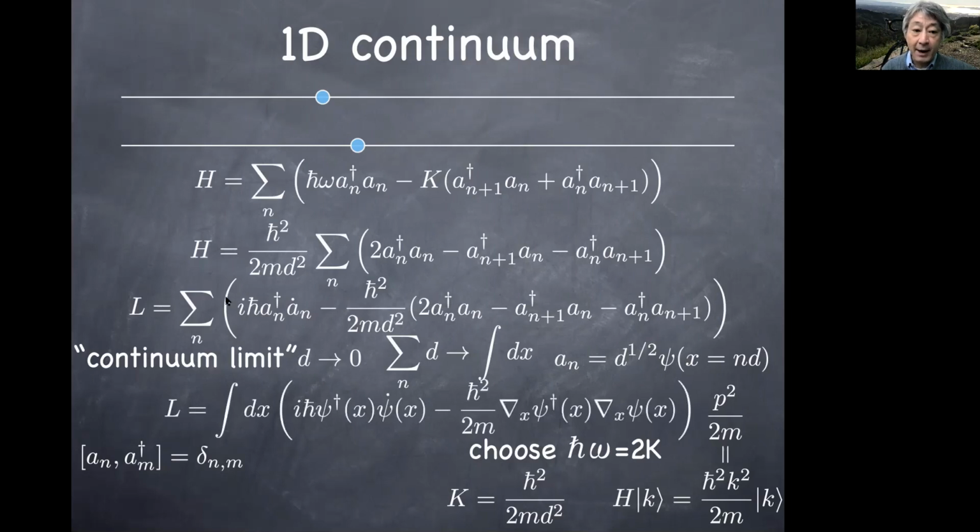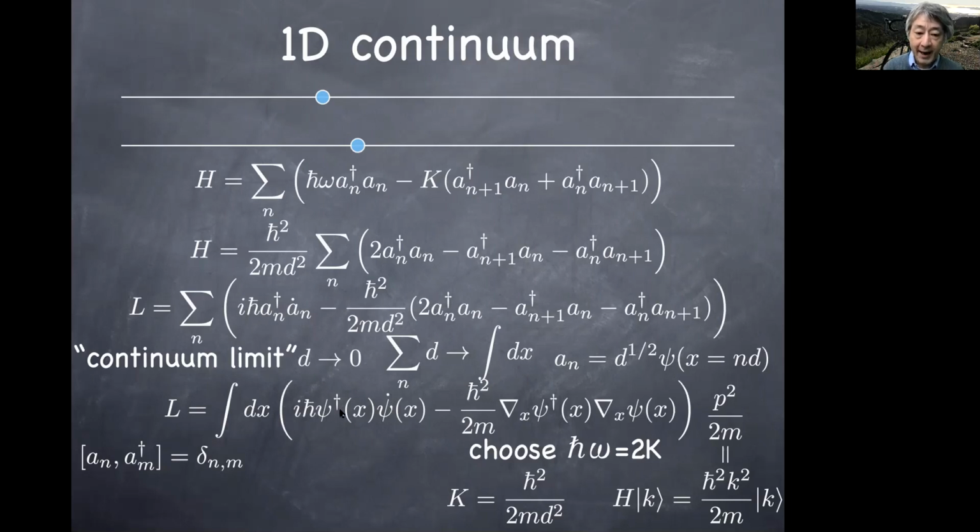Then I factor d out, so that d together with the sum reduces to the integral. That's the integral I have up front here. And the first term is psi dagger, and a_n dot becomes psi dot. That's the time derivative, right? According to Newton's notation.